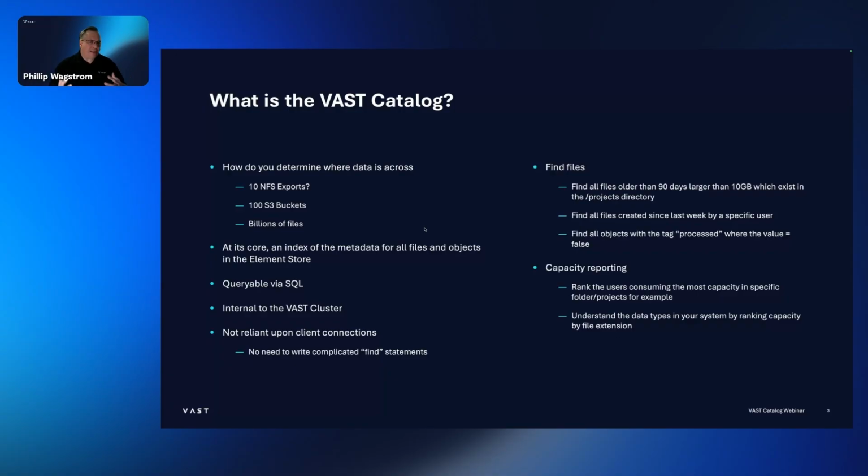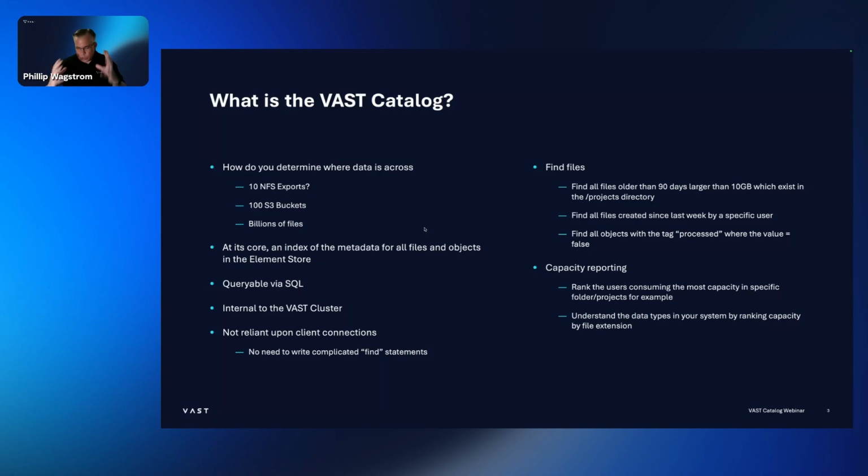So what the VAST catalog does is that it simplifies a lot of this. The VAST catalog at its core is basically an index of the metadata of all the files and objects on the cluster. We take a look at the metadata, we snapshot the metadata. That includes things like ownership and size and permissions and S3 tags and location within the element store.